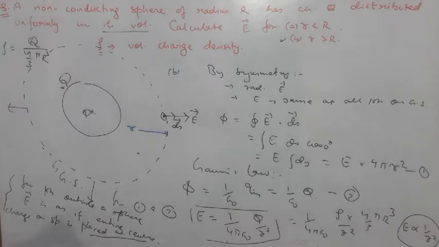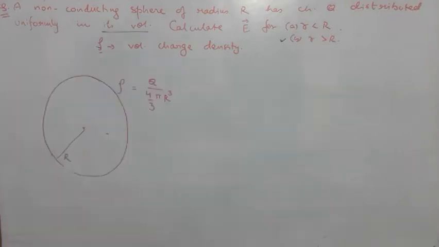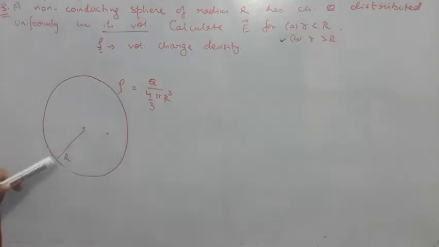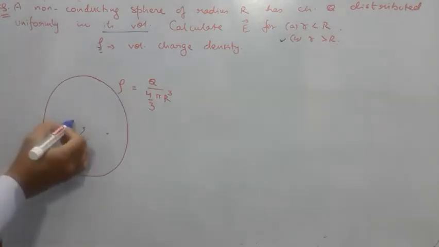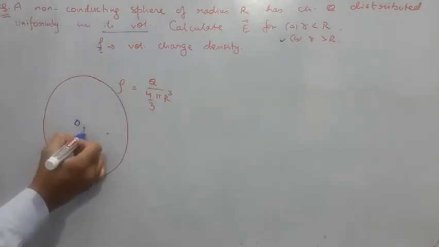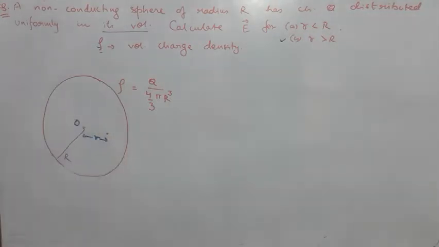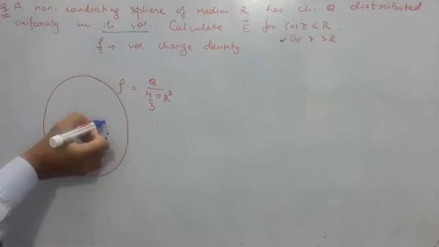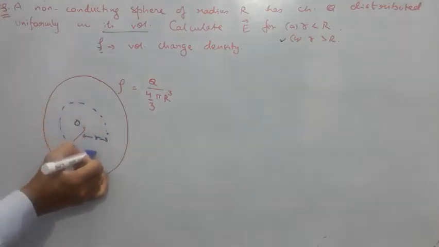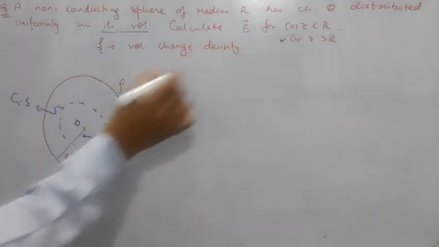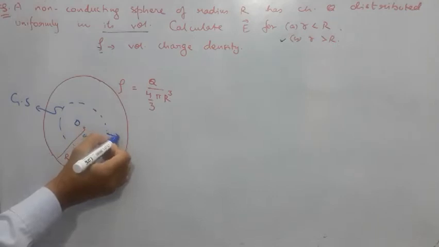Let's see now for points inside. So this is the sphere given. It has volume charge density rho. This is the center. Its radius is capital R, and from the center at some distance, small r, we have to find the value of the electric field. The method will be the same. First we'll construct the Gaussian surface. So this is our Gaussian surface. By symmetry, whatever we have argued, the same thing will be true here also.